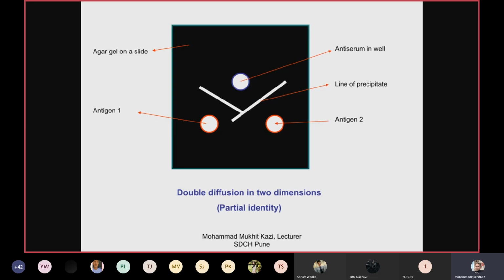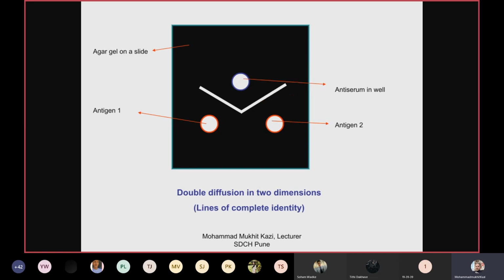Now here you can see part of one antigen is 80 or 90% similar to part of the other antigen. That's why you will get a Y-shaped precipitation line. This means that antigen 1 and antigen 2 are similar to a certain extent. They're not totally dissimilar. They're similar to some extent, and that is why you will get the line of precipitate in the form of a Y shape.